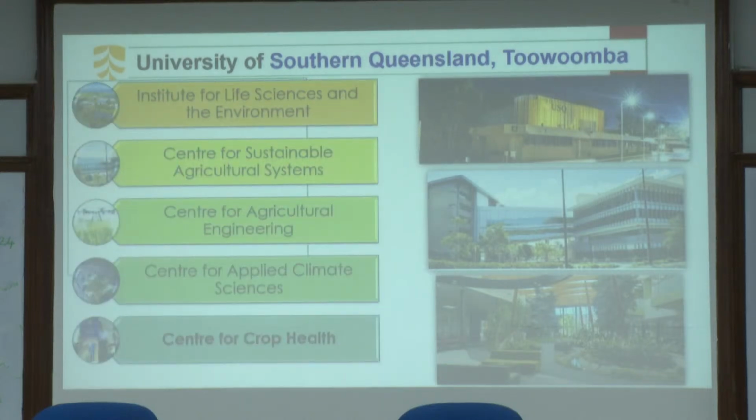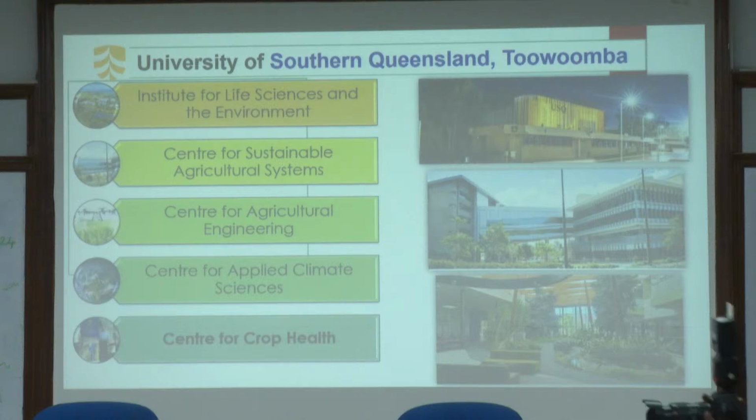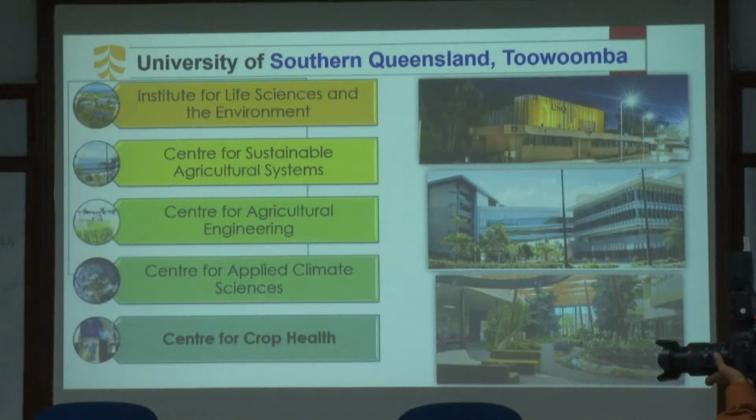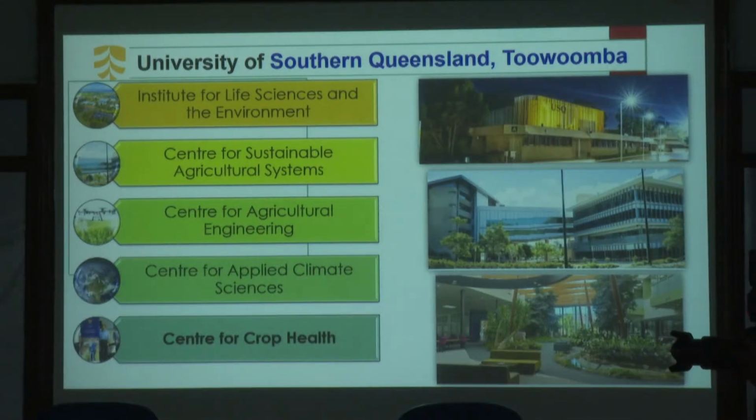This is a new university. Although established in 1967, it's emerging in its research perspectives. The major centers offering research in the agricultural sector are the Institute of Life Sciences and Environment, Center for Sustainable Agricultural Systems, Center for Agricultural Engineering, Center for Applied Climate Sciences, and Center for Crop Health.